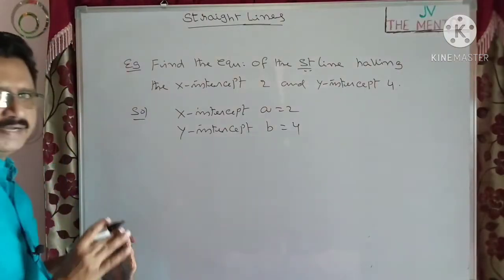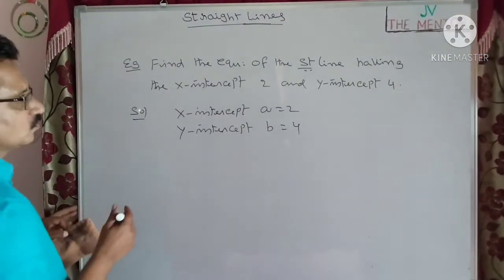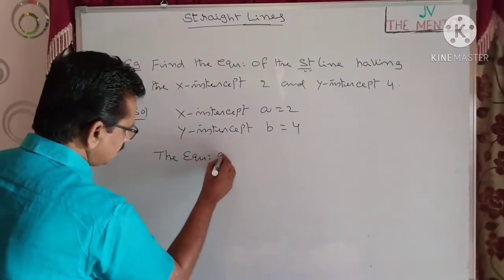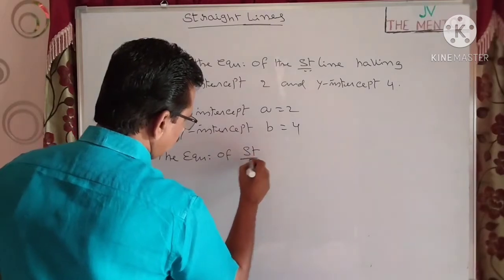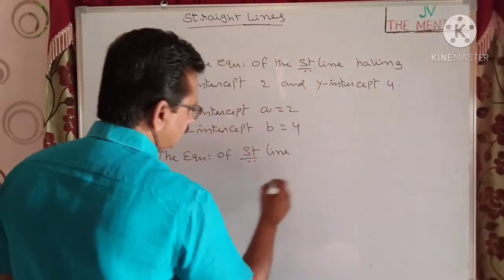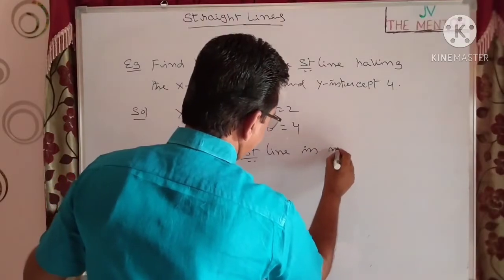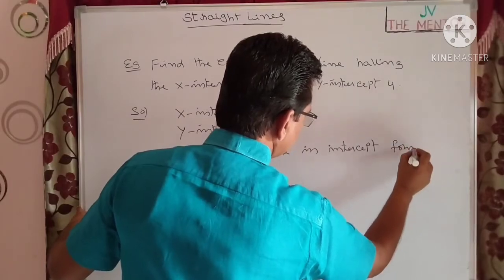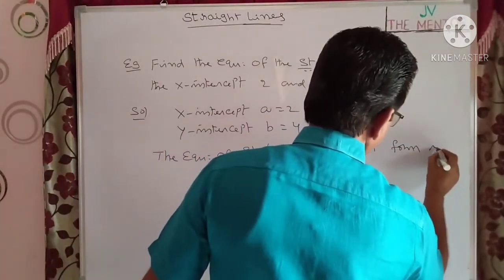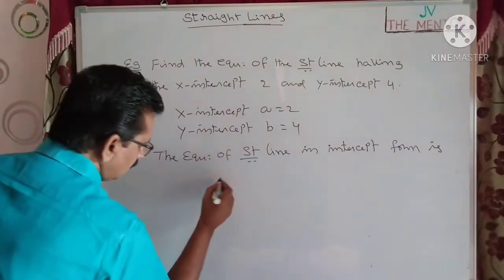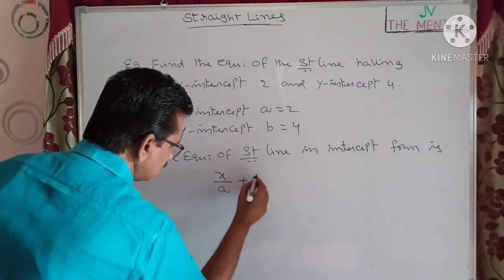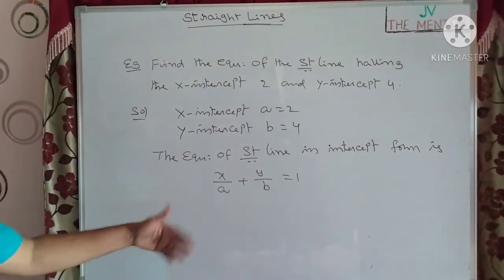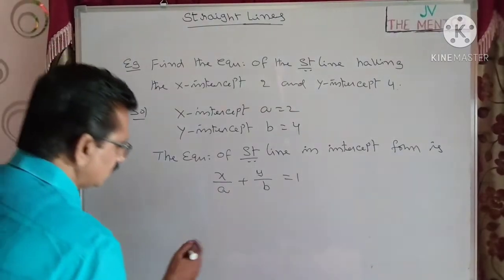Now the equation of the straight line in intercept form: what is the intercept form? x by A plus y by B equals 1. Now substitute the values of A and B, then we will get the equation of the straight line.